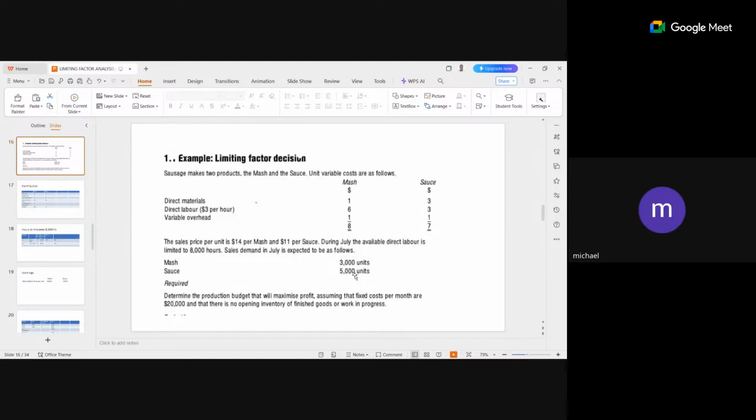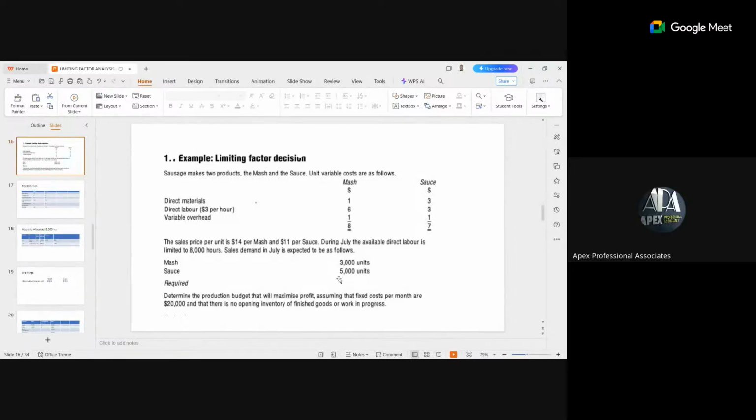Sorry, is it not 1 hour? For 1 unit. Okay, 1 unit. No, it will be 1 hour times 5,000 units. You need 5,000 hours to produce 5,000 units of source.